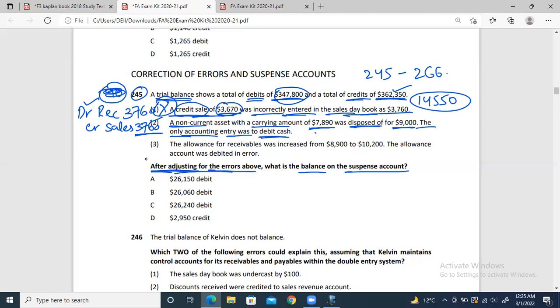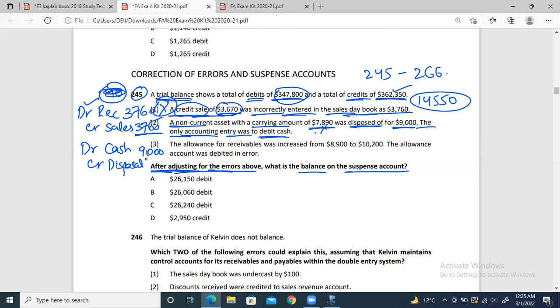For proceeds, what entry do we do? Debit cash and credit disposal, right? But debit cash is done by 9,000. This 7890 is just given for confusion, so that the student gets more confused, wastes more time and calculates the profit, which is I think 1110.